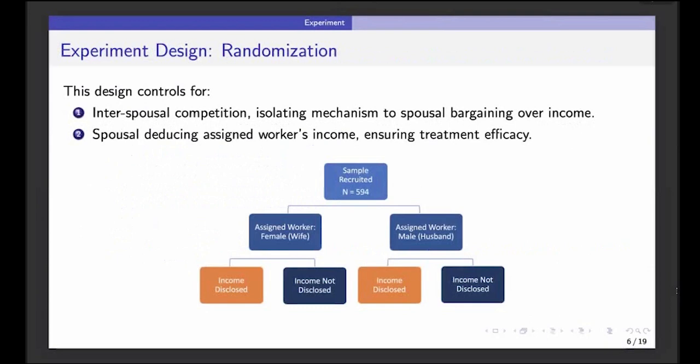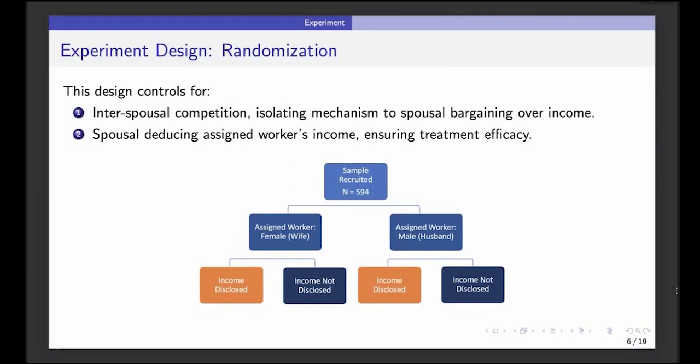Essentially, there are two rounds of randomization. In the first round, we randomly select one gender of each couple to be the assigned worker, which means they will be presented with a standardized production task, and they will earn a piece-rate wage based on their performance in that task. The second randomization is our real treatment: we randomize half of the assigned workers to have their income disclosed to their spouse, and the other half will have their income fully private to themselves.